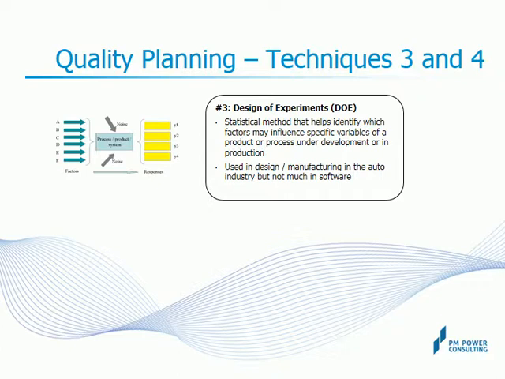DOE has been primarily used in the auto industry to solve a number of design and manufacturing problems. However, it is rarely used in the software industry. It is not that there are no candidates for its use.